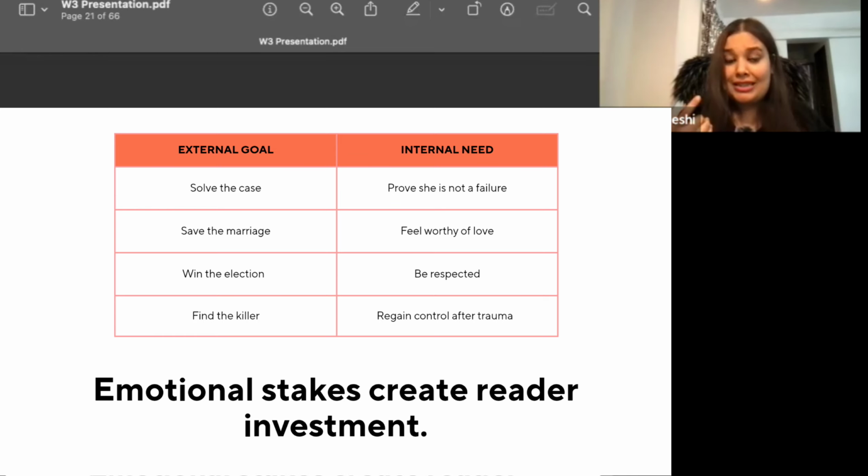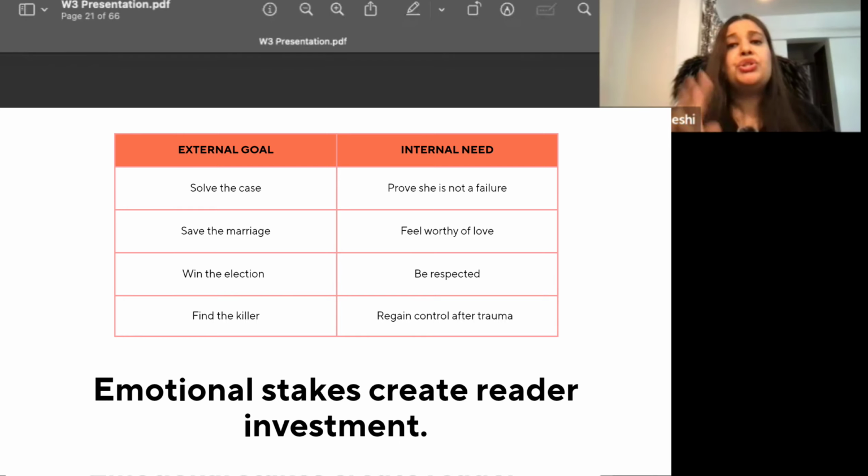These are two very different things. And the day you grasp the difference between the two and you start working on these two things separately while trying to keep them in sync on the page, you will have an absolute bang on character. Remember, emotional stakes create reader investment.